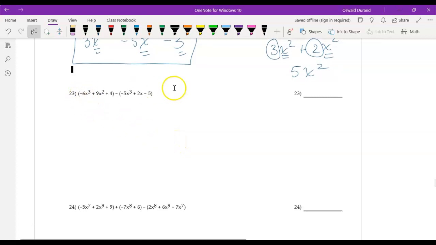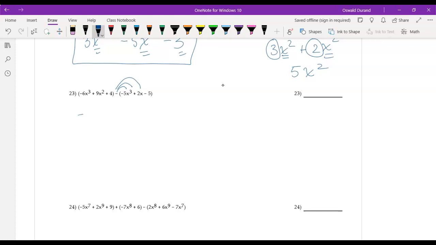So right here, I can do the same thing. But here we have to be careful because we have a minus sign in front of the other polynomial. So here, you actually have to distribute the negative and change the sign of the second polynomial.